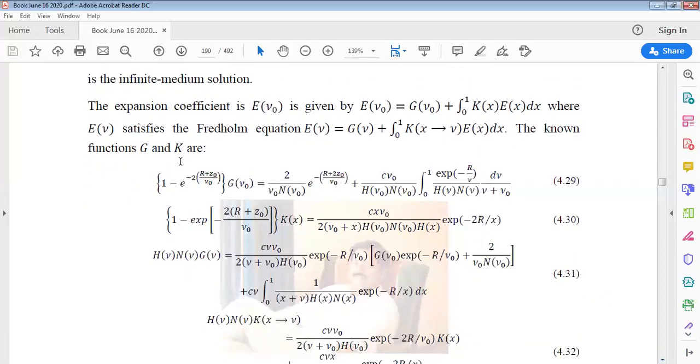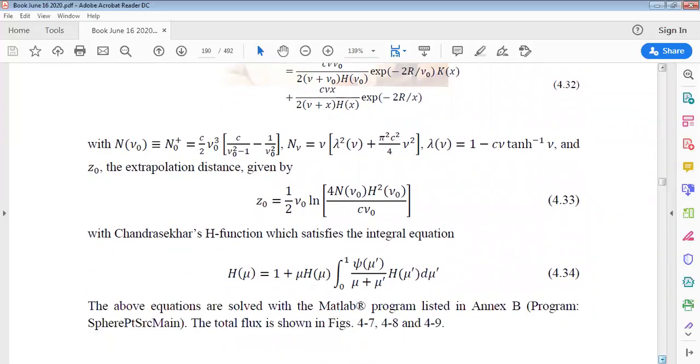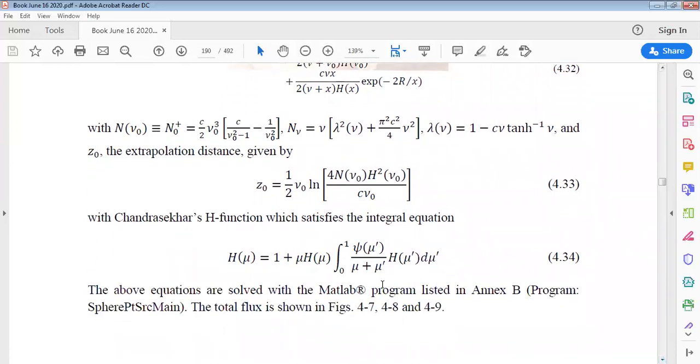The functions g and k are defined over here. To get g and k, you have to solve all these equations, but it can be done. And the extrapolation distance is also found over here in terms of the Chandrasekhar edge function, which satisfies the integral equation.